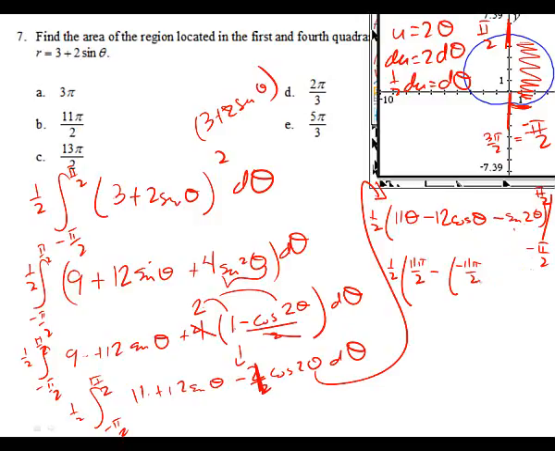Cosine of negative pi over 2 is what? 0, and then this would be sine of negative pi, which is 0 again, isn't it? So that's going to go positive. So let's see, we have 1/2 times, is it 22 pi over 2? If I multiply across, 2 goes into 22 how many times? 11, so my final answer is 11 pi over 2. Is that one of our choices? Yay. It's always good when we get one of the answers, right?